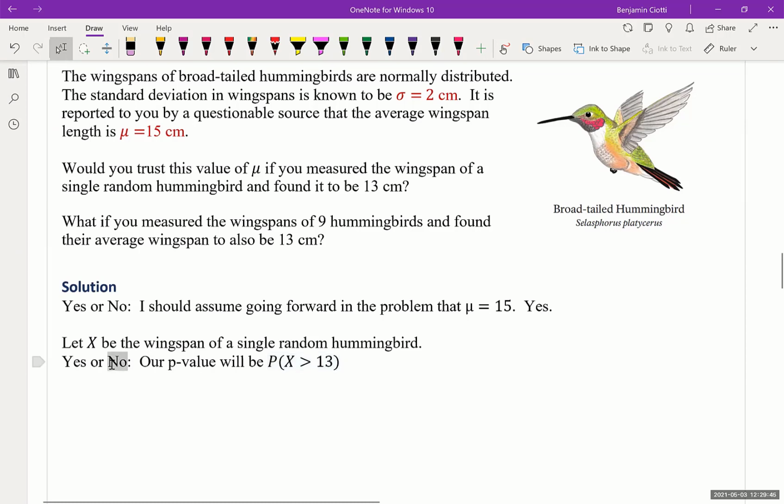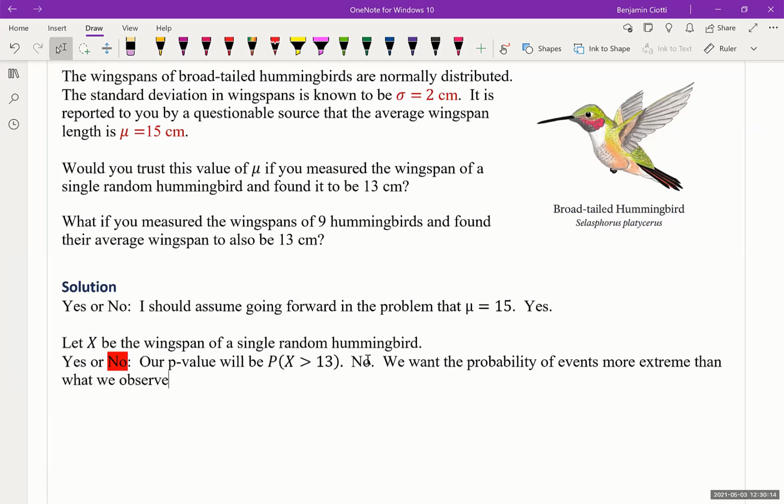Yeah, this one's a no, because 13 is less than what we were told. So we want the probability of events more extreme than what we observed. Since 13 is less than 15, this means that we want the probability of observing values of less than 13.